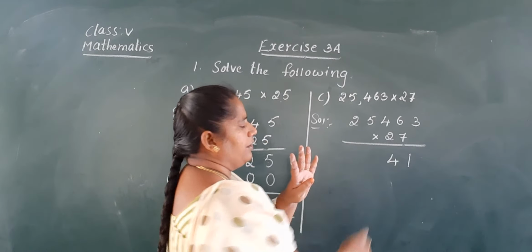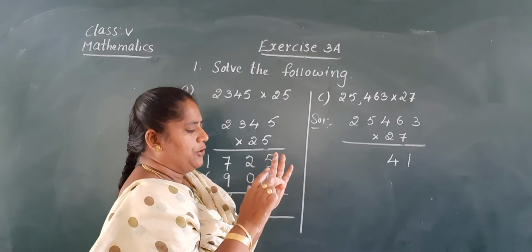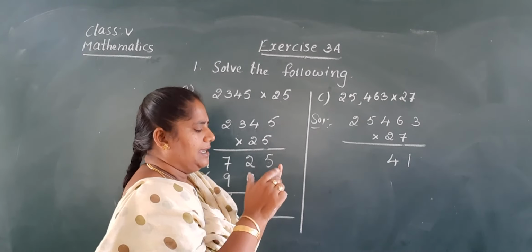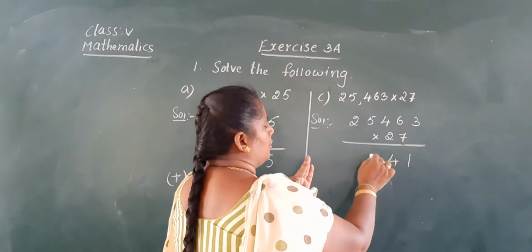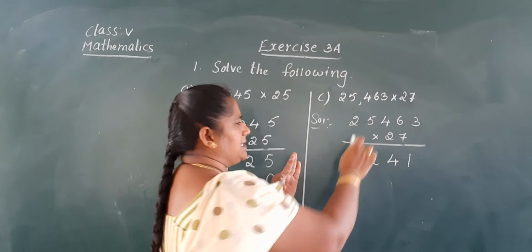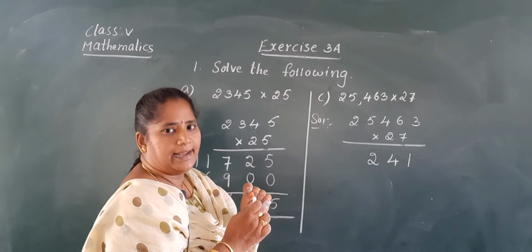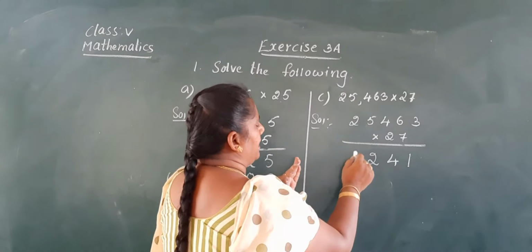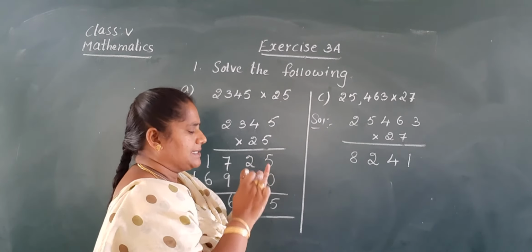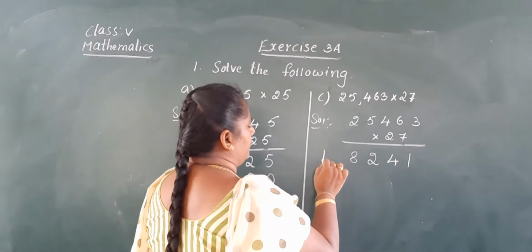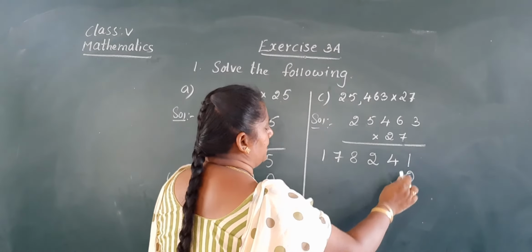Next 7 4s are 28, 29, 30, 31, 32. 32 means 3 in hand, 2 is down. 7 5s are 35, 36, 37, 38. 3 in hand, 8 is down. 7 2s are 14, 15, 16, 17. Finish. Now keep 0 in the ones place.